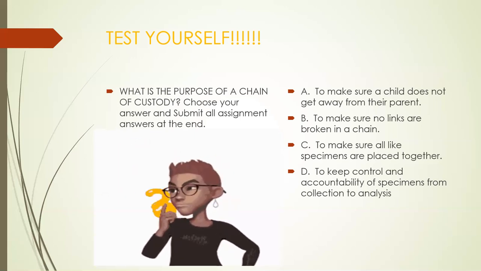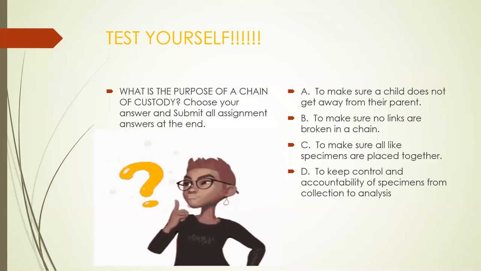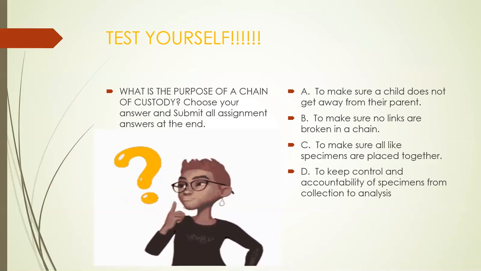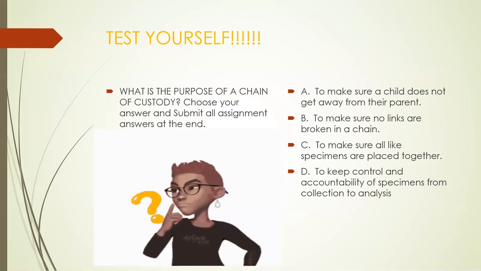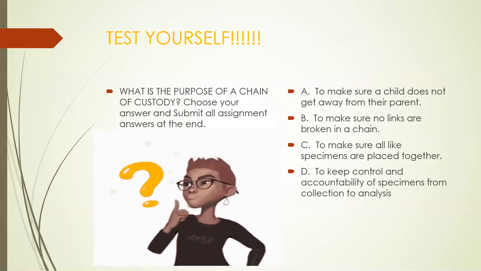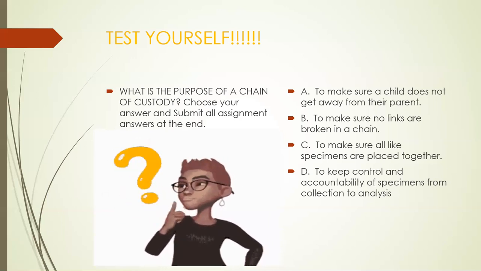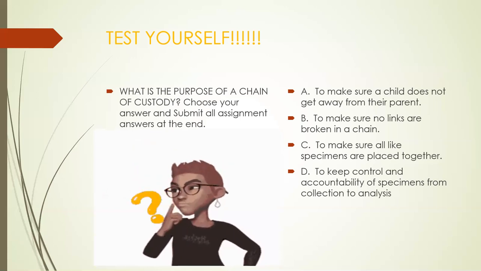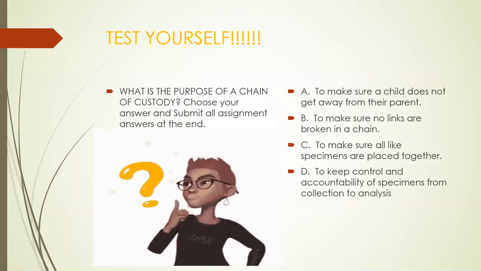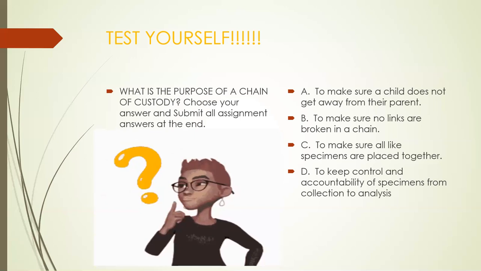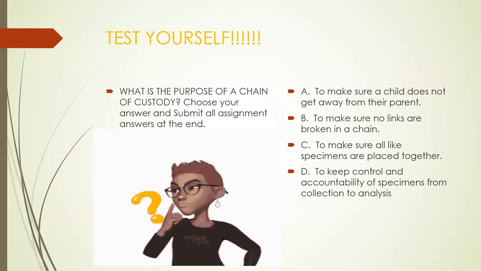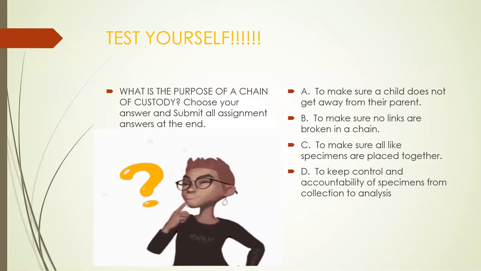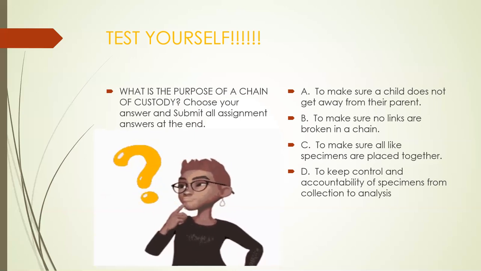B, the purpose of the chain of custody is to make sure no links are broken in a chain. C, the purpose of the chain of custody is to make sure all like specimens are placed together. Or D, the purpose of the chain of custody is to keep control and accountability of specimens from collection to analysis. Choose the best answer.